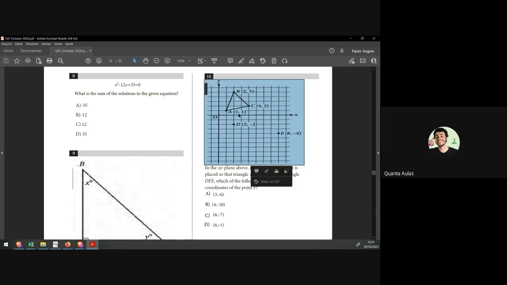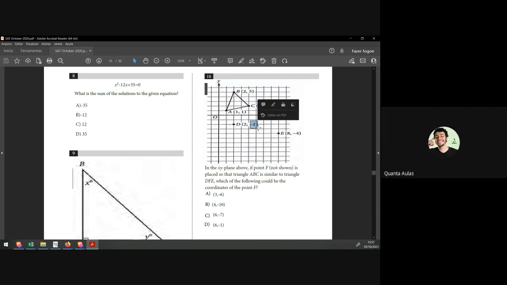And the sign is different because we are in the place where y is negative. So because this is -2 here, but we have -4 here. -4 is the negative double of 2, okay? So this point is the symmetric of the point C, because it's the double and y is negative.